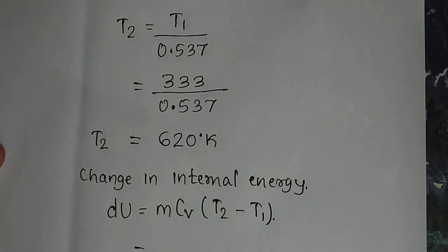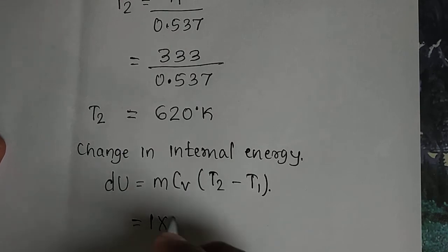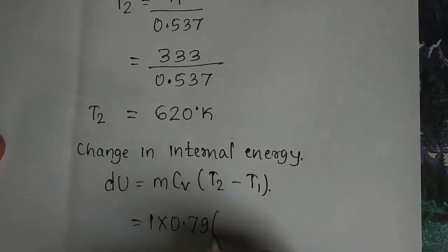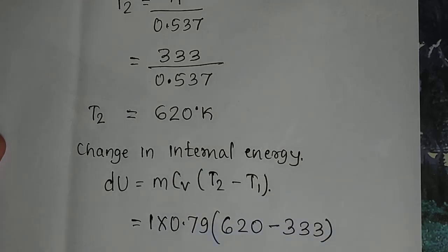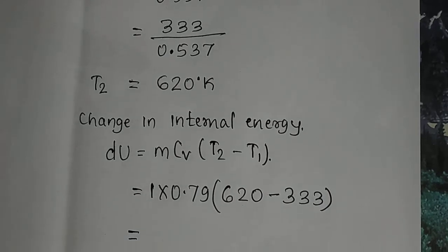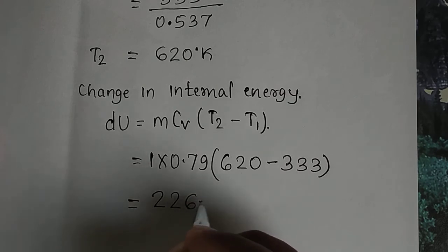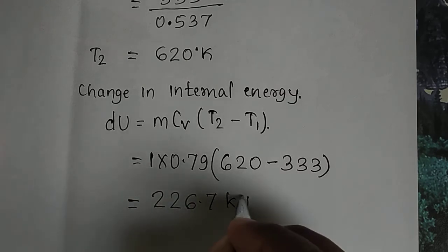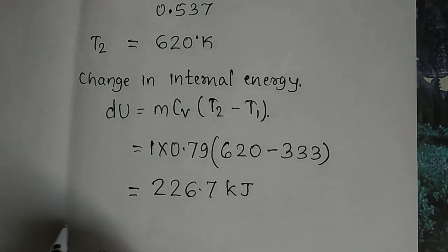That is, m is 1, Cv is 0.79, then T2, which you just found, is 620, minus T1 is 333. You will get the answer as 226.7 kilojoules.